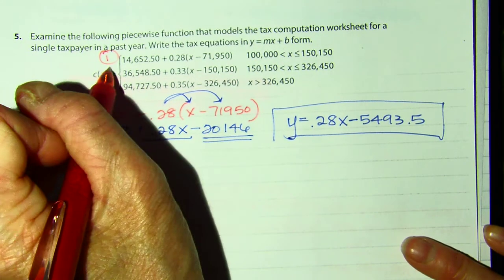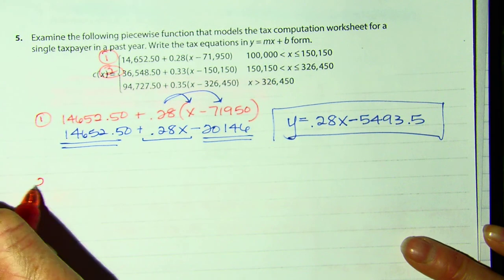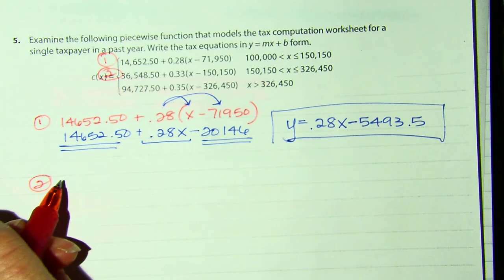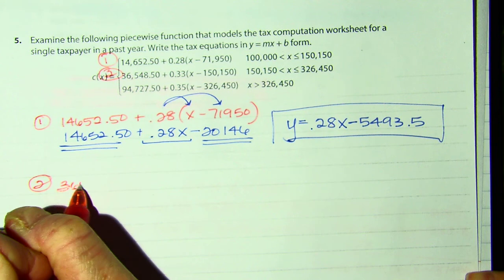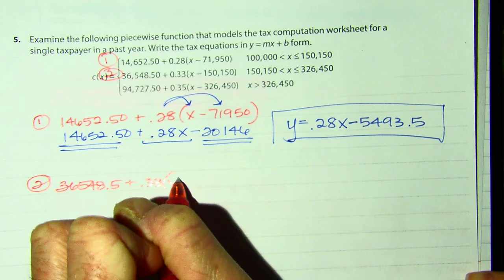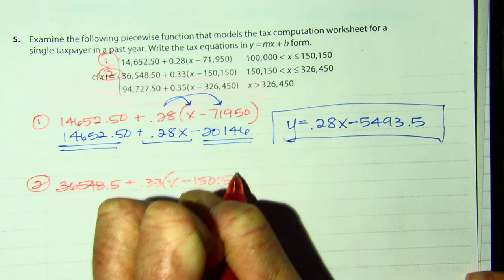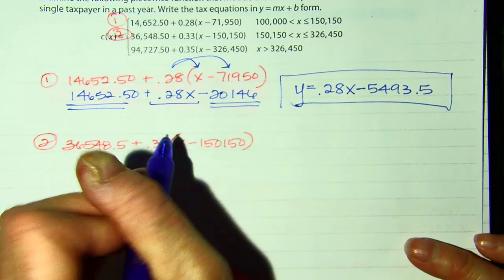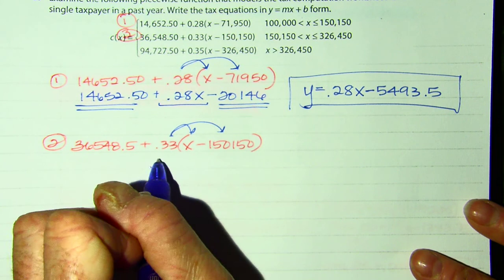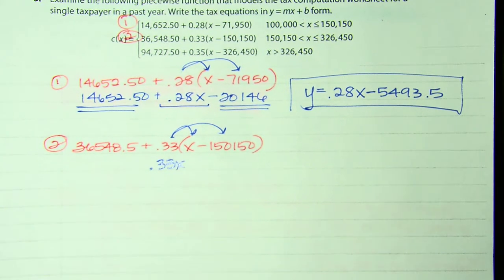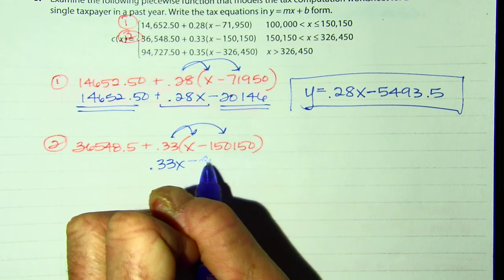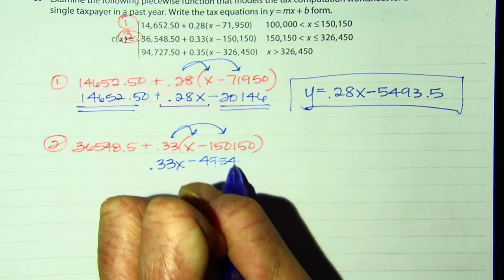Okay, number 2. So this next one, I have 36,548.50 plus 0.33 of x minus 150. So again, I'm going to write this in slope-intercept form by distributing. So 0.33 times x is 0.33x. 0.33 times 150 is negative 49,549.50.